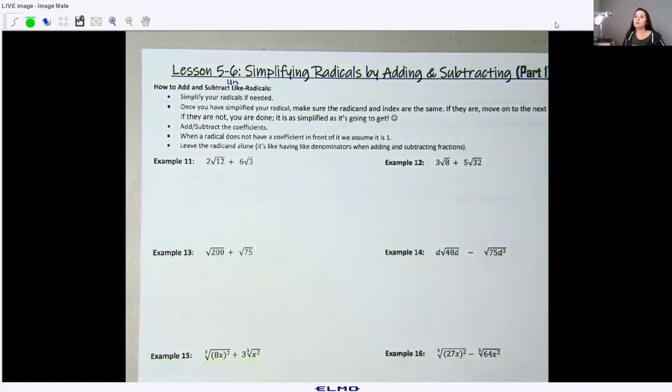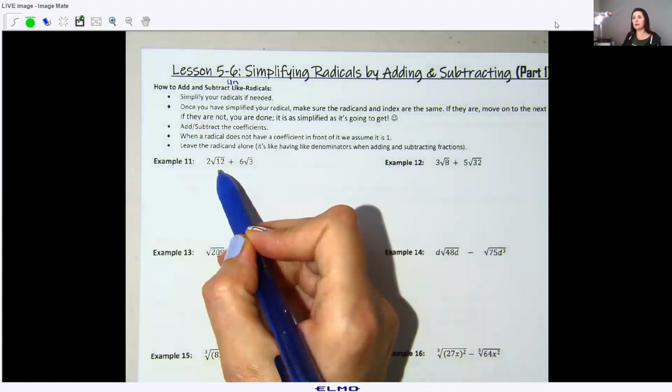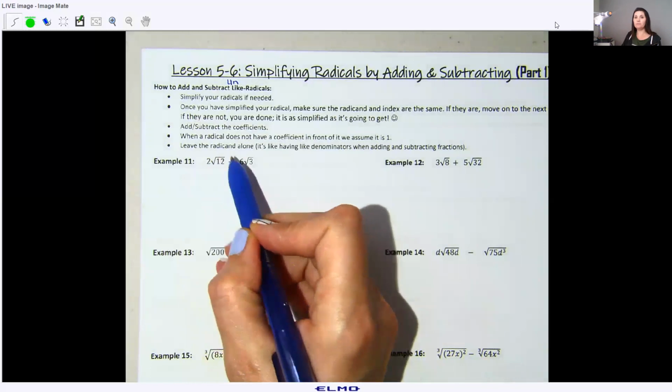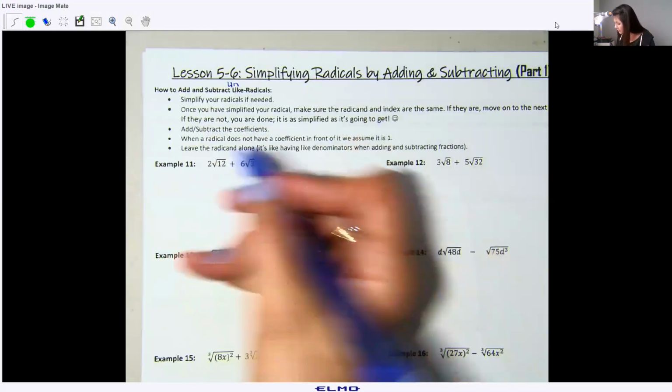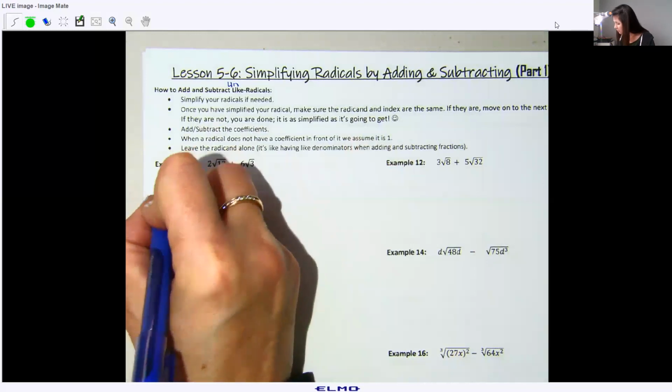All right, so let's look at example number 11. We have 2 square root of 12, which can be factored out. And then we have 6 square root of 3, which cannot be factored out any further because that 3 is a prime number. So that one will stay the same. So the first thing I'm going to do is take this 12 and factor it out and rewrite this entire term.